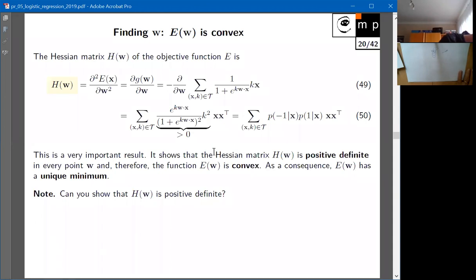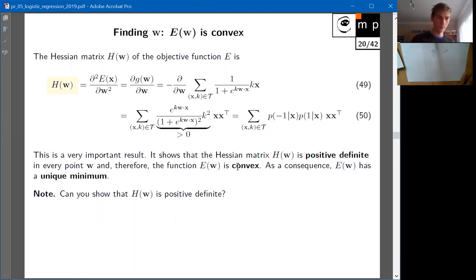But if your Hessian matrix, the matrix of second derivatives, is positive definite, which sort of means that everywhere your function locally looks like a paraboloid, then your function is convex, and as a consequence, the function has a unique minimum. So for a convex function, gradient optimization is a very convenient method because it's quite efficient, and it has this guarantee.